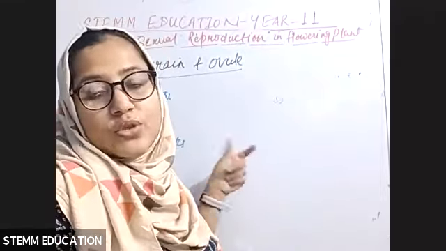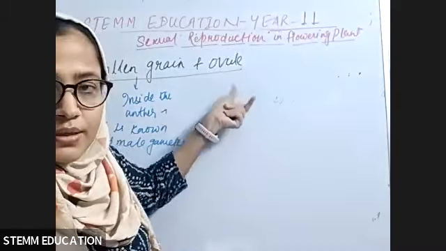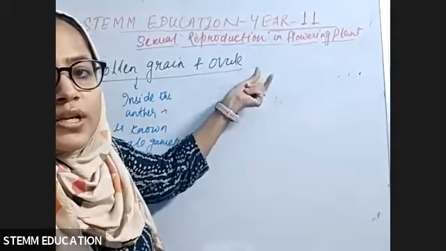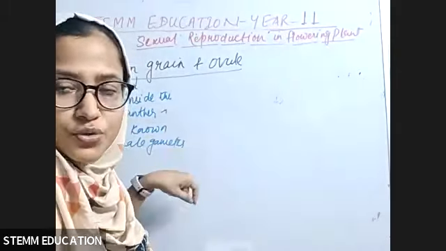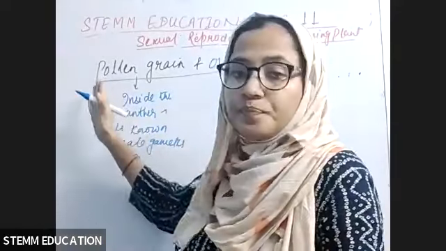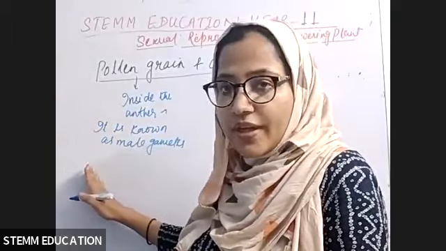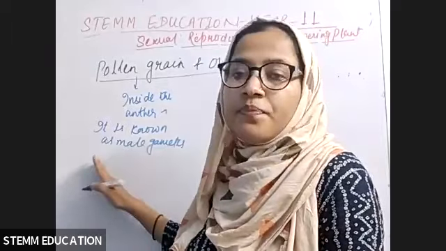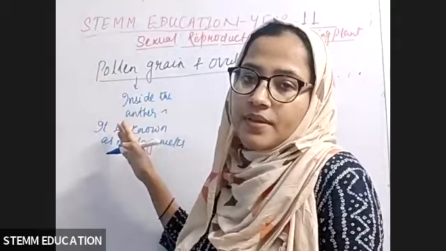From the stigma it goes through the style to the ovary, and inside the ovary it reaches the ovule, where the egg cells are. The pollen grain and the egg cells fuse together and fertilize.